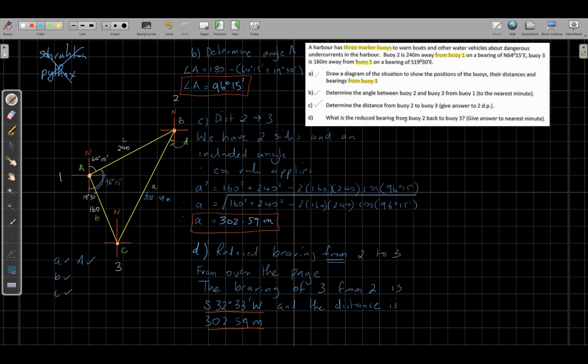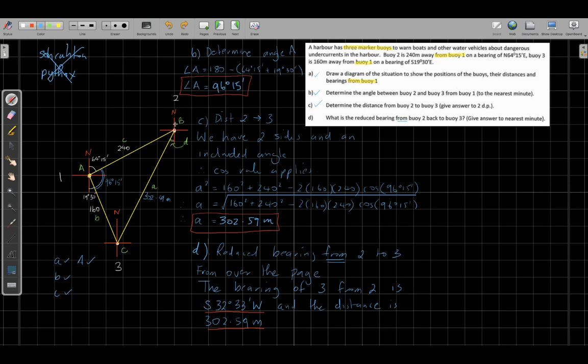What is the reduced bearing from buoy 2 to buoy 3? Okay, from buoy 2, so we're standing here and we're looking back at buoy 3. From 2, so that means we're measuring with our compass from where you're standing. Now, a reduced bearing is always going to be between the north compass arm or the south compass arm.